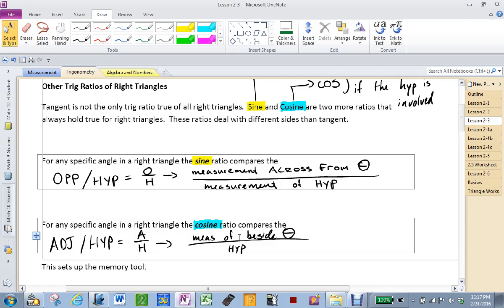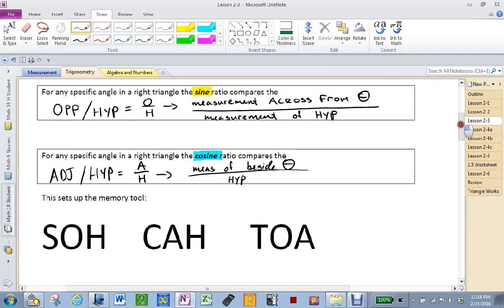A triangle and a theta and a side, or two sides. As long as I have a triangle and 2 pieces of information, one of them being a side, can I do trig? Yes. So let's see if we really can.